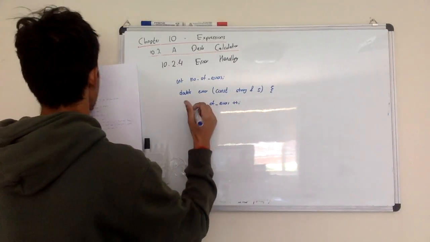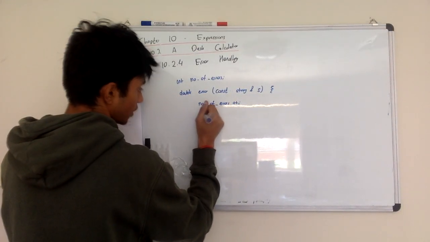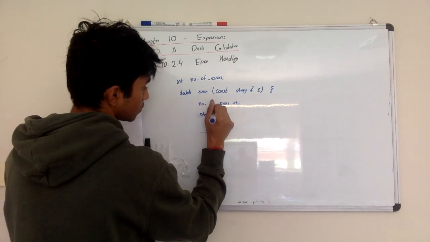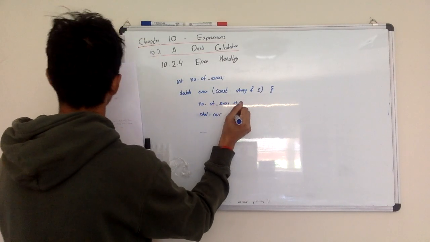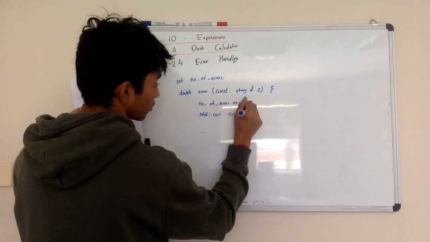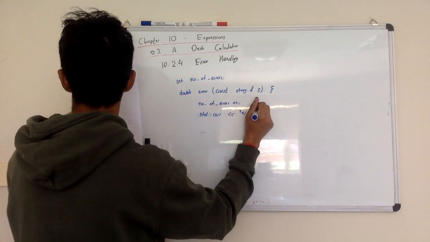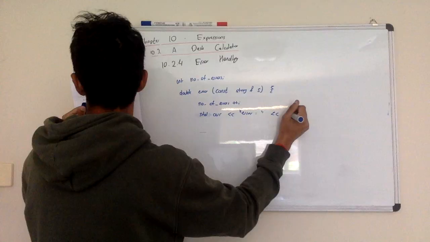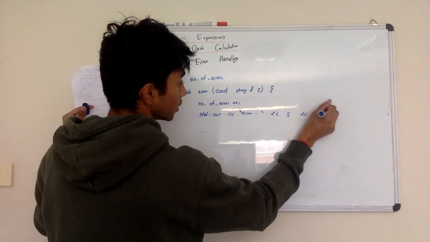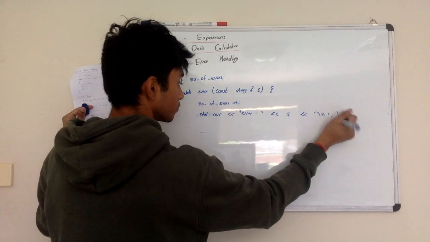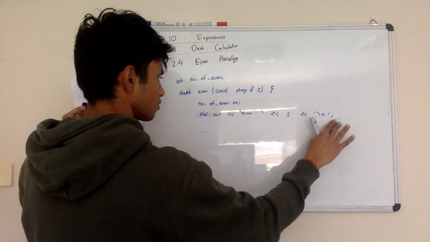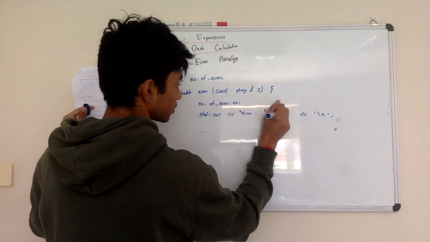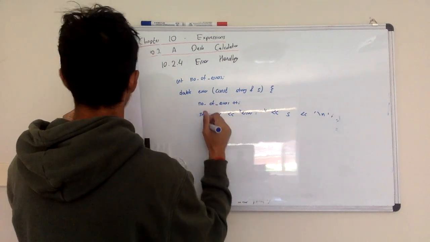Every time this function is called, we increment the number of errors, and we write to the standard error stream. We write error, and we redirect this s string, and then we put a new line in there. Then we just return 1.